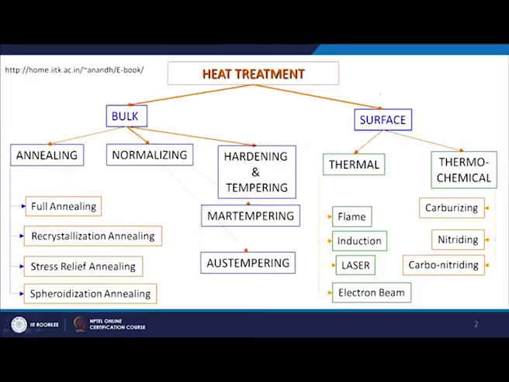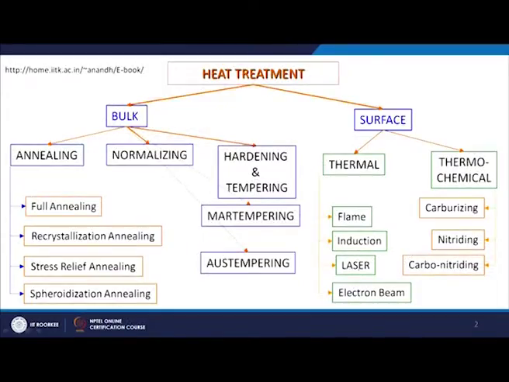For surface treatment you can have thermal surface treatment or thermochemical. In thermal, it is only flame; you take a flame and do the treatment. After understanding the TTT and CCT curves, suppose I heat the surface by any means which heats only the surface, maybe up to 1 mm or 2 mm depth.